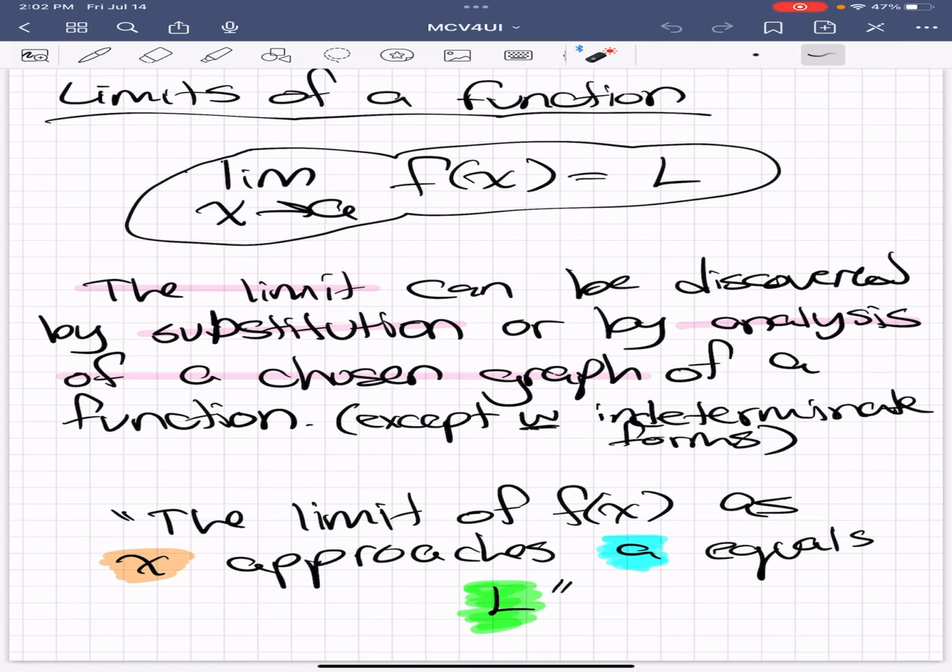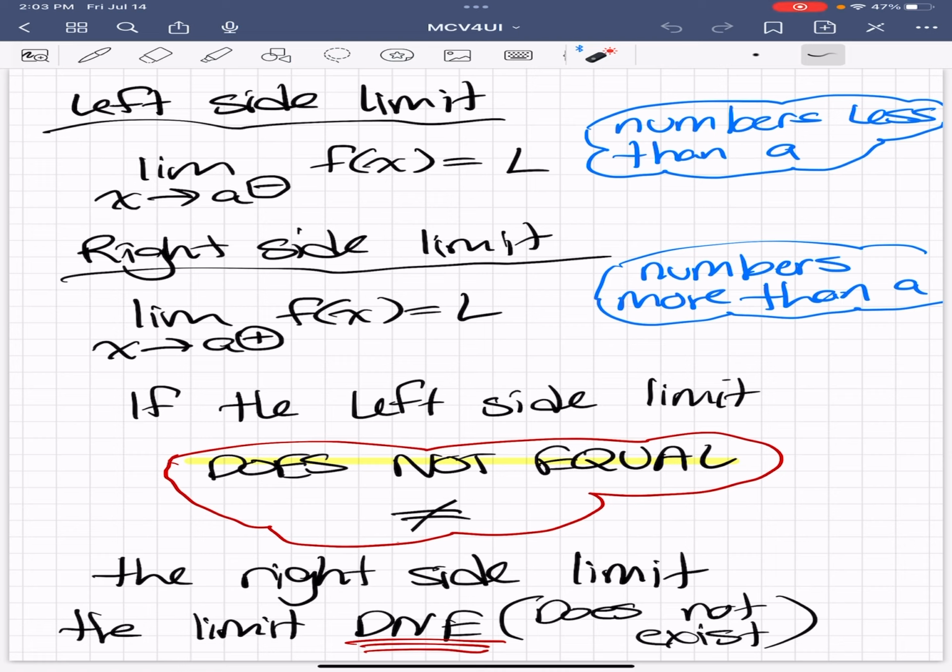So we have the left side limit and we have the right side limit. The limit as x approaches a with a minus symbol, f of x equals L, indicates that the number is less than a. So what is that number approaching, but with numbers less than a? So going left, or before x approaches a.